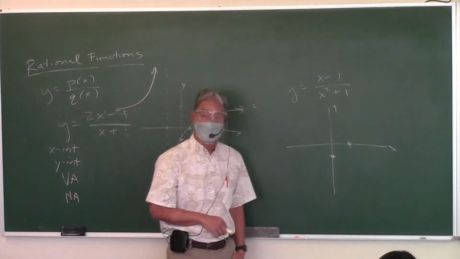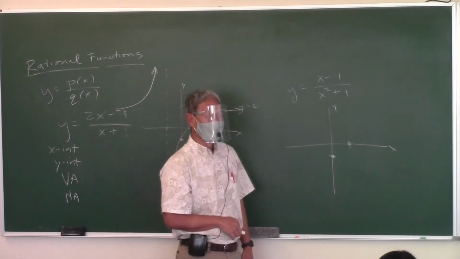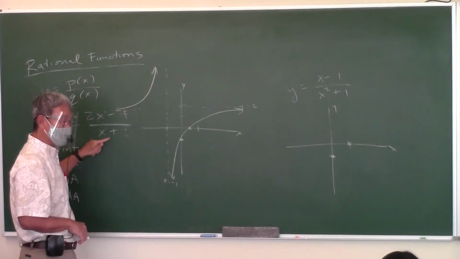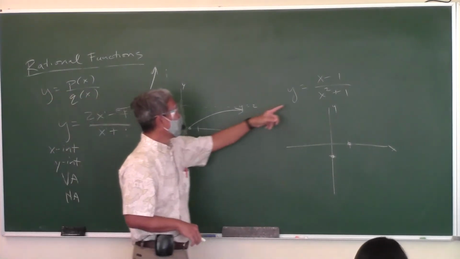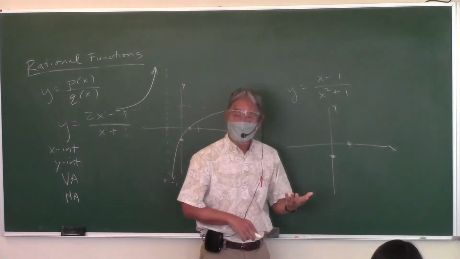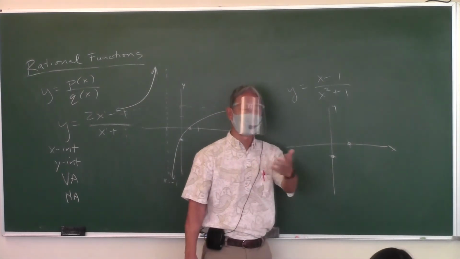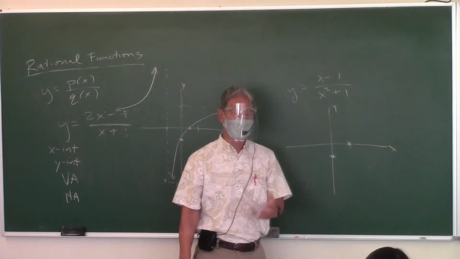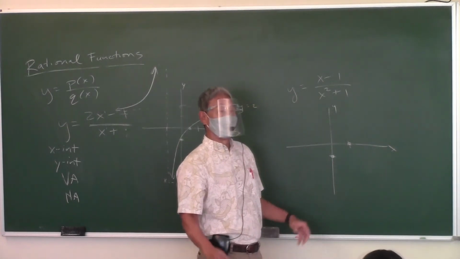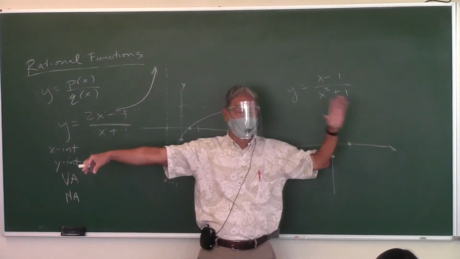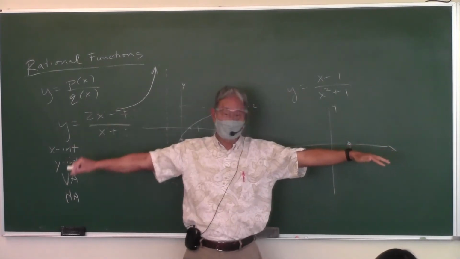What about horizontal? Well, in this problem, see how the degree of the top and the bottom are the same? Then you look at the coefficient. If the degree on the bottom is bigger, then what is it? Okay, so let's pretend you're not looking at your notes where it tells you how to figure it out. Remember, horizontal asymptotes only take effect out here when x is either really large positive or really large negative.